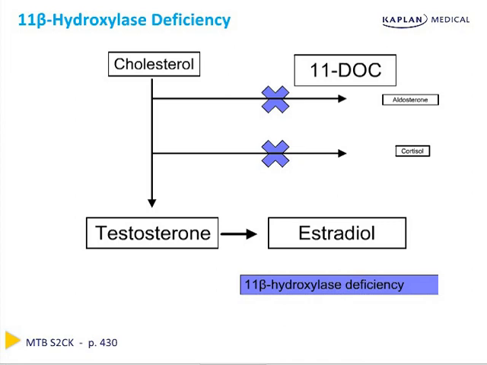So this syndrome kind of looks like an overproduction of aldosterone with an overproduction of sex hormones and an isolated reduction in cortisol. So we see a shunting of steroidogenesis towards the sex hormones, which will cause virilization like we saw in 21-hydroxylase deficiency, but we see this 11-DOC produce some mild mineralocorticoid effects.